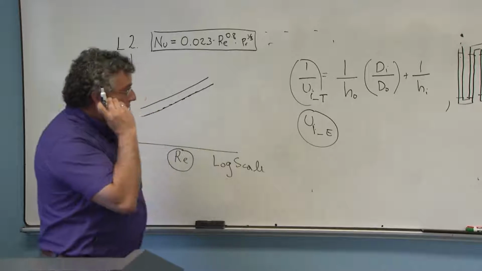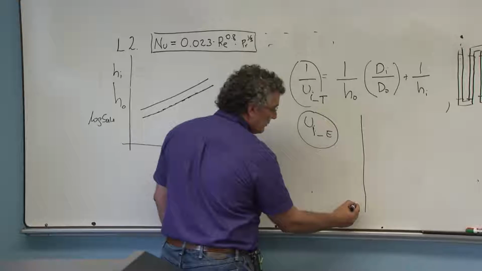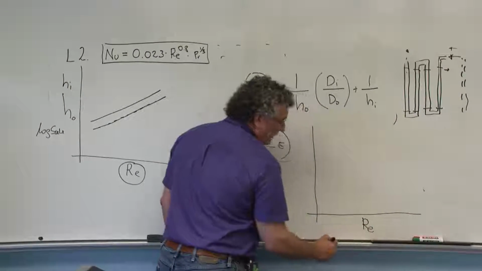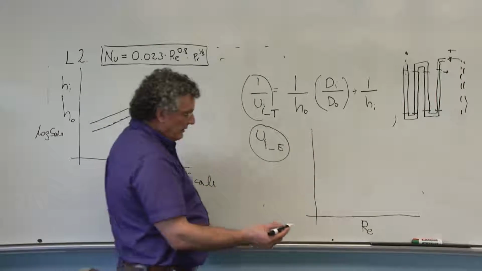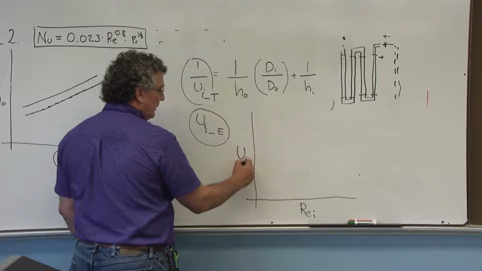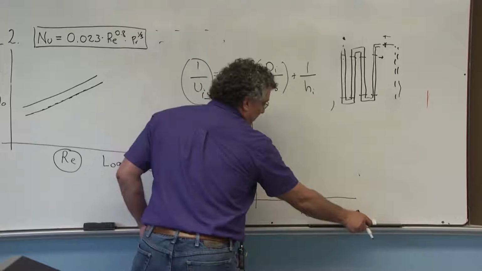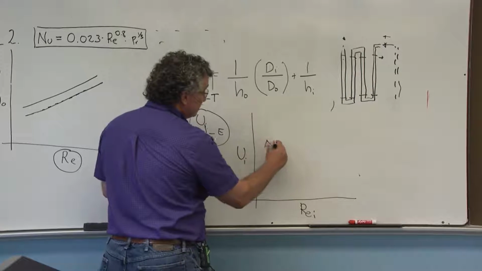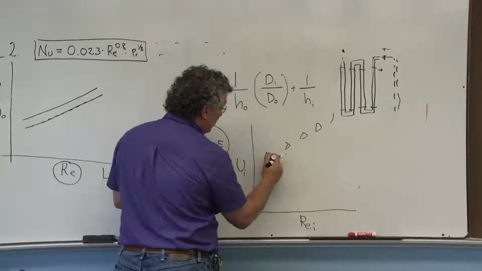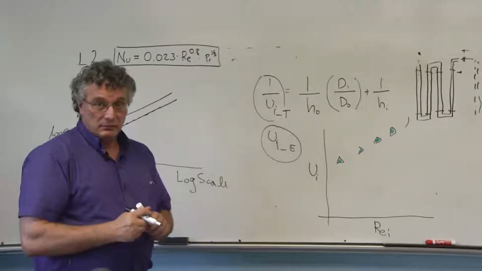And what you want to observe is how close they are. So what you are going to end up doing is creating a plot of the Reynolds number in the inside, for example, and the UI here, and then you are going to have, let's say, some experimental values, which you're always going to plot as symbols.